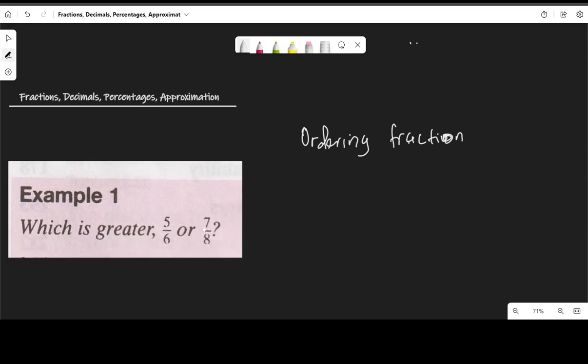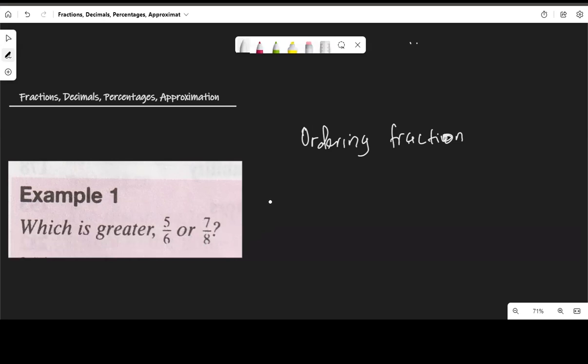So the question again says, which is greater, 5/6 or 7/8? To do this, my approach is to look for the LCM of the denominators, that is the LCM of 6 and 8, which is 24. Then multiply each fraction by 24 and compare the results.